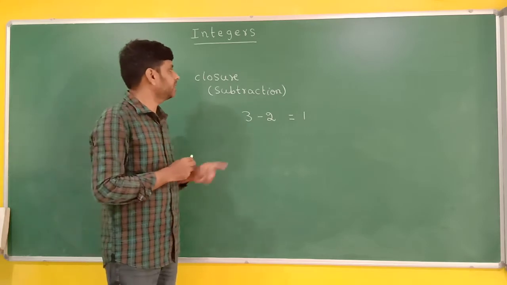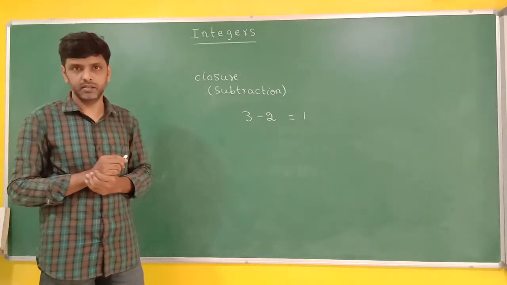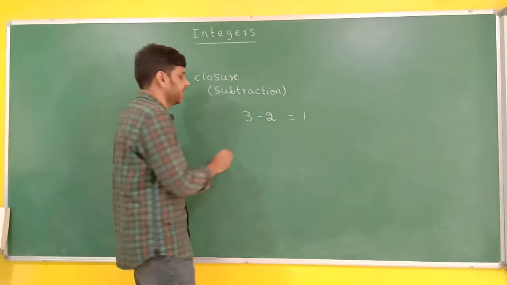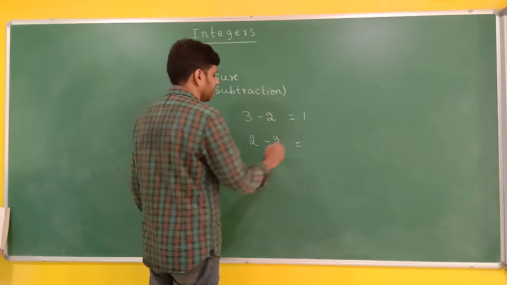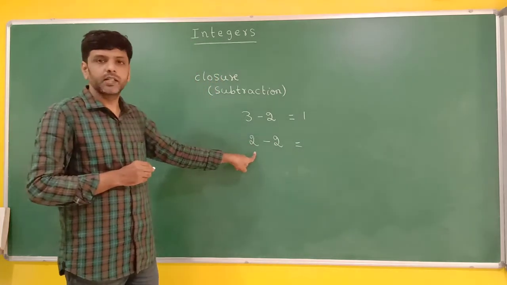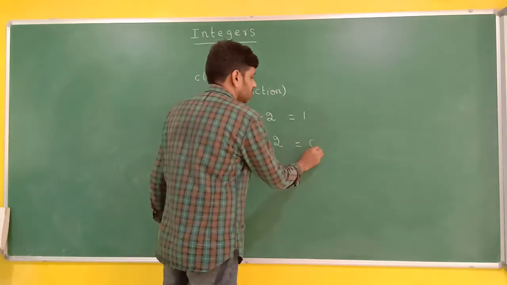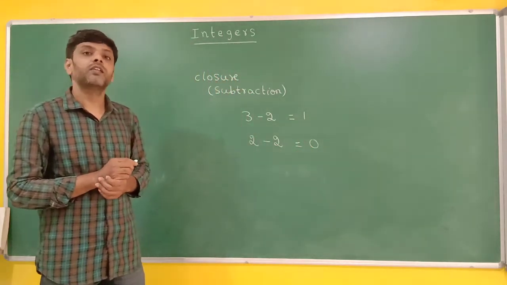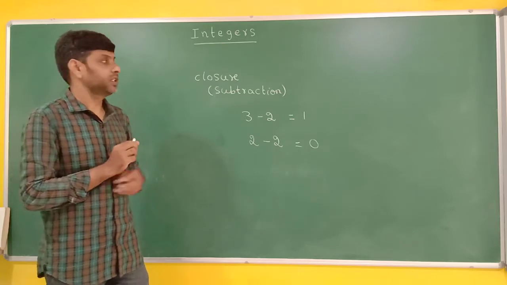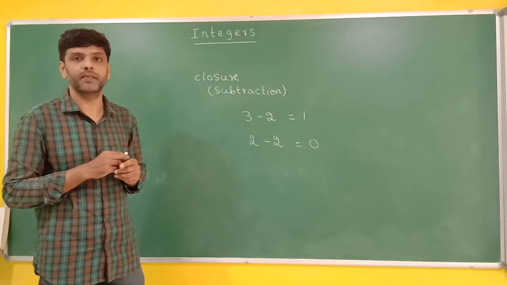So, can we tell that closure property is true for subtraction? Yes? And taking one more example. 2 is a natural number, 2 is also a natural number. What is 2 minus 2? Is 0 a natural number? No. So, for natural numbers, closure property is not true for subtraction.